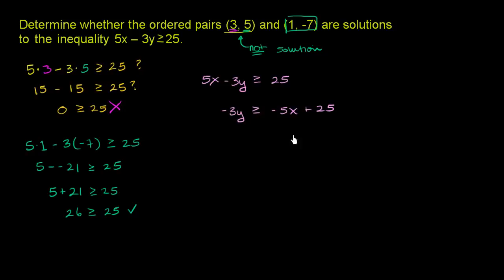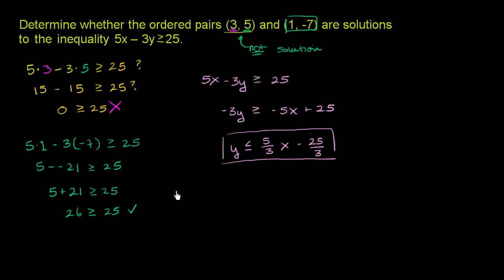So you get y is less than or equal to 5/3 x, and then 25 divided by -3 is minus 25 over 3. So this is now the inequality y is less than or equal to 5/3 x minus 25 over 3.